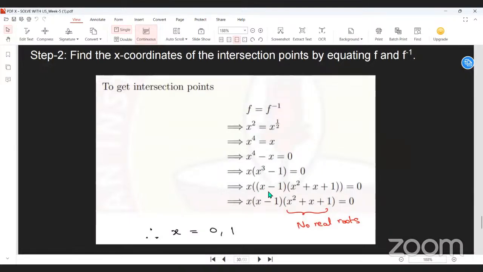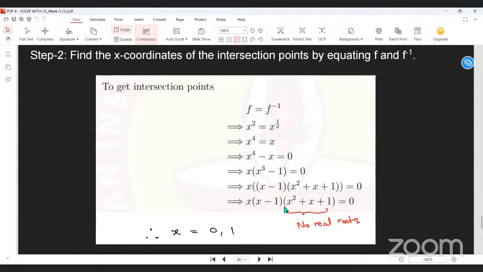And x cube minus 1 can be written as x minus 1 and x square plus x plus 1 in factorized form. Everyone knows this identity? Yes. a cube minus b cube is a minus b, a square plus b square plus ab. This identity is used here, right?